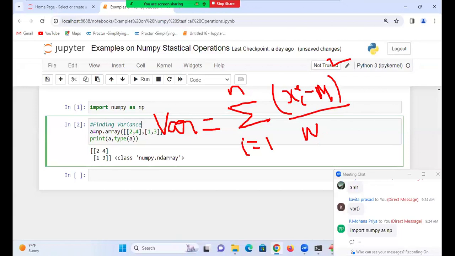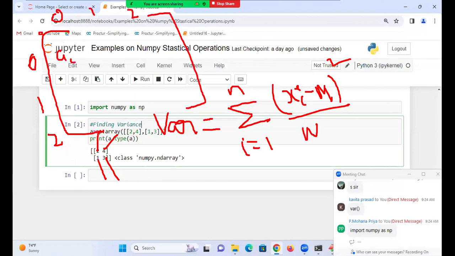What is this sigma? First of all, addition. Xi is nothing but x1, x2, x3, x4. The elements of the matrix are called xi, like a00, a01, a02, a10, rows and columns.